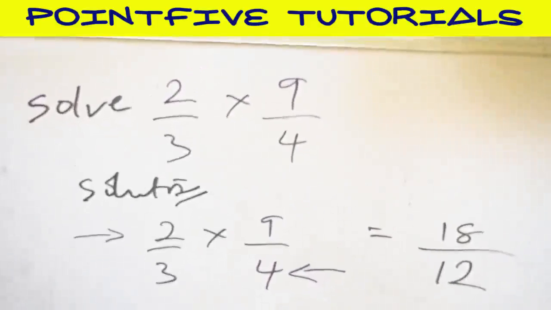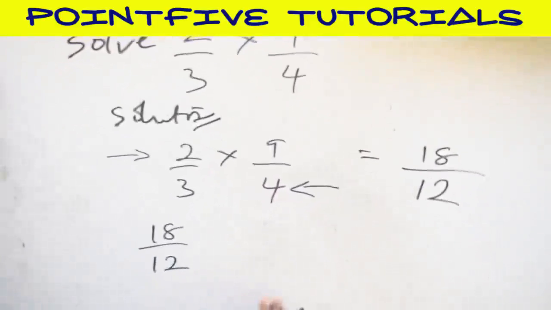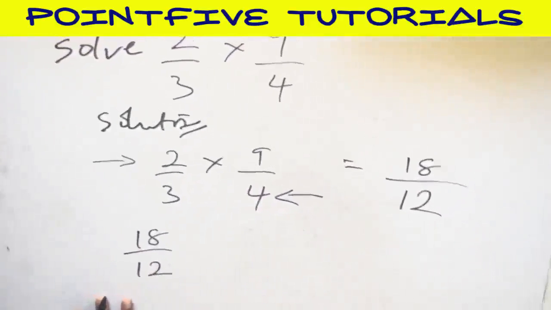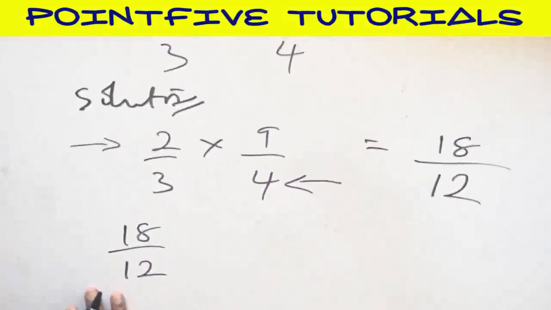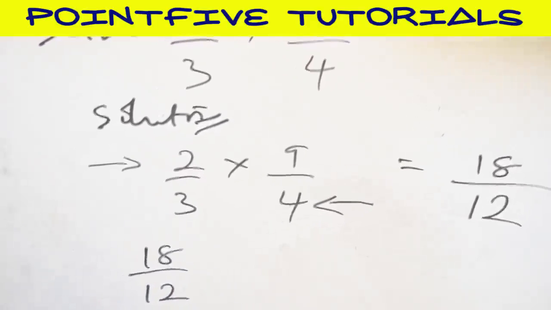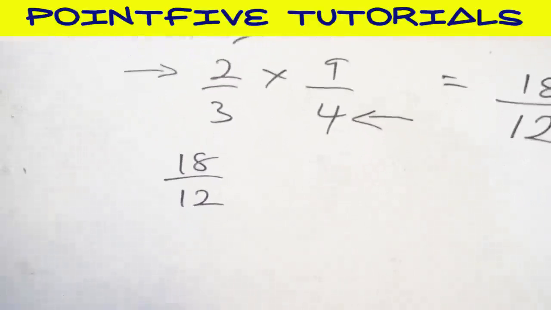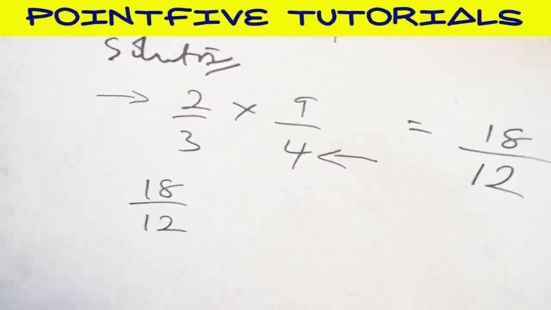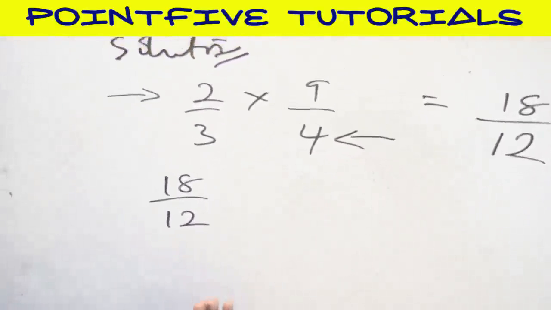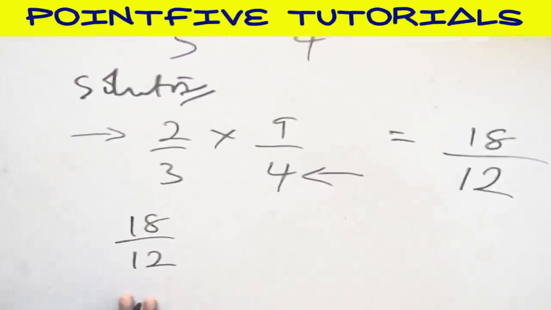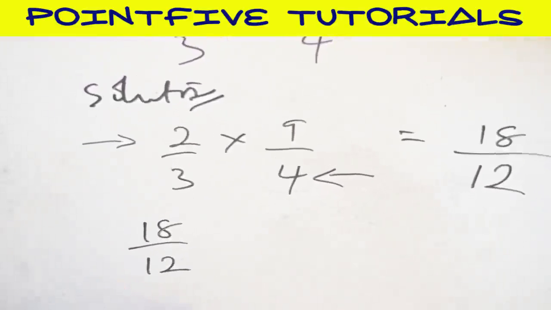Now 18 all over 12, if you check, is a weak fraction. The reason why I call it a weak fraction is because we can still reduce this fraction further. If you can recall what I taught you guys in reduction of fractions in my previous video, in case you've not watched that, please go and watch that video.